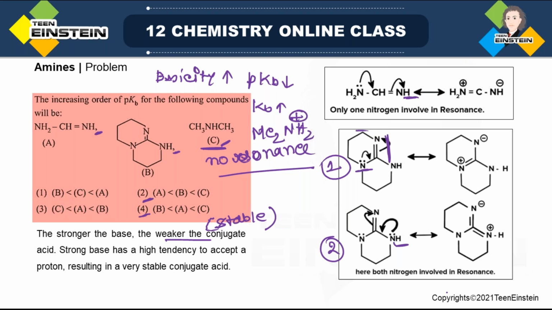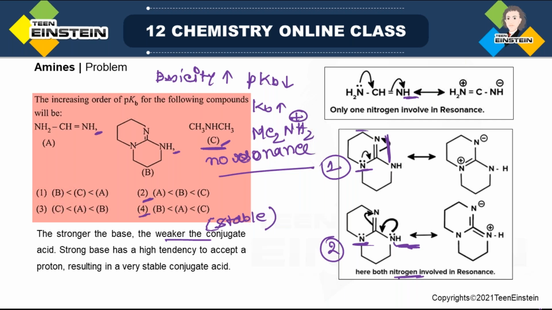In guanidine, this basic 3 nitrogen structure is there, but the cyclic ring structure is not. That is the difference. But here both nitrogens, this one as well as the right hand side one, can take part in resonance. You can also consider the conjugate acid and draw resonance. So here conjugate acid resonance will be available. Though resonance is shown in the original molecule, you can also consider the conjugate acid and draw the resonance structures accordingly.